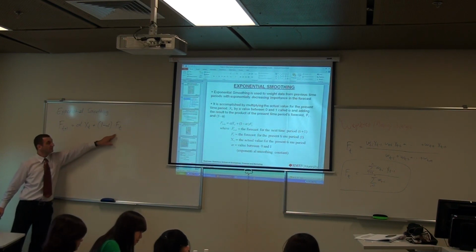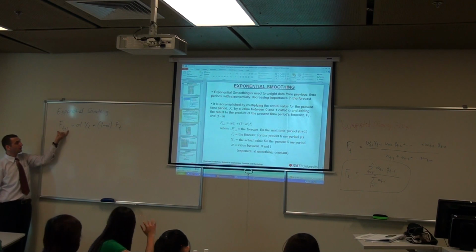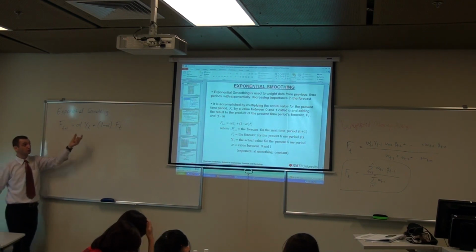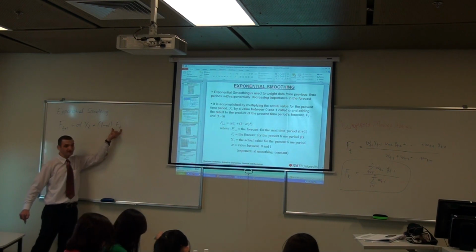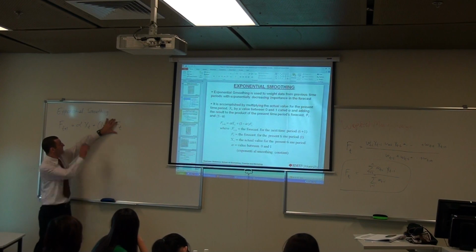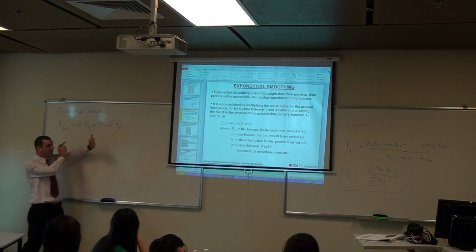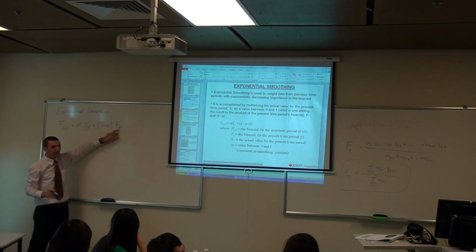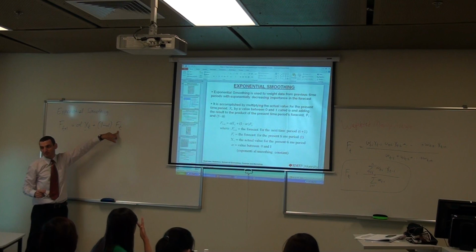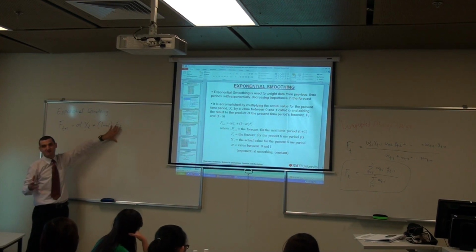I want to calculate the next term forecast, but I use, again, the forecast of this term. Normally I only use the real value, the actual value. But this time, I also put my forecast in the equation. That's interesting.